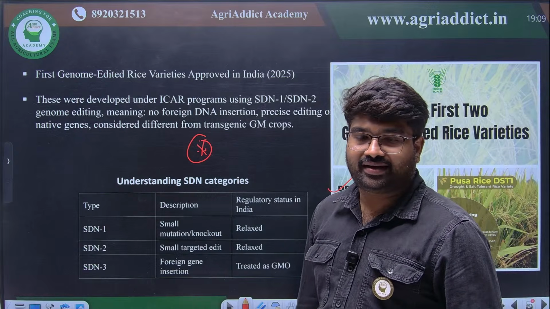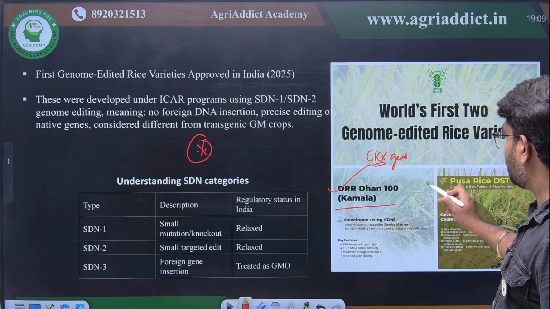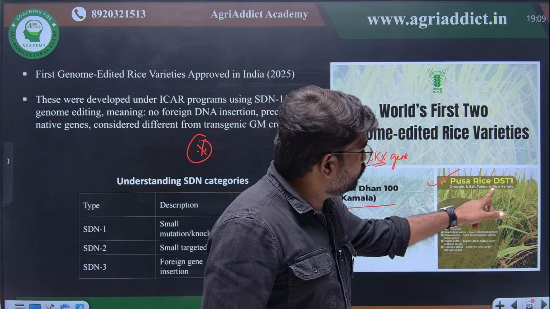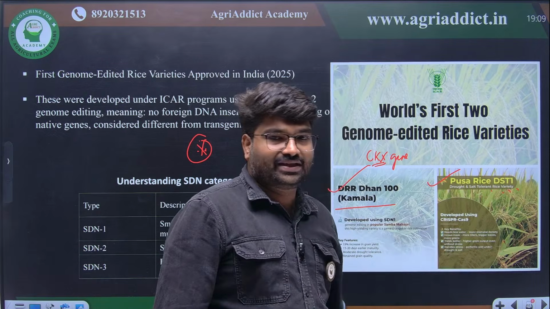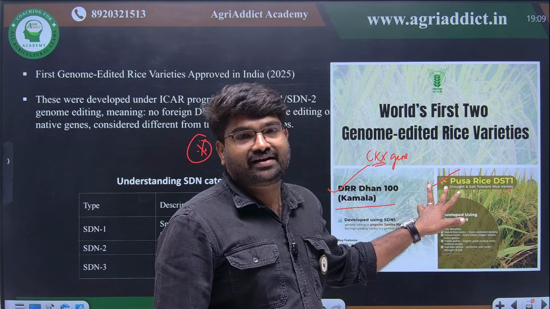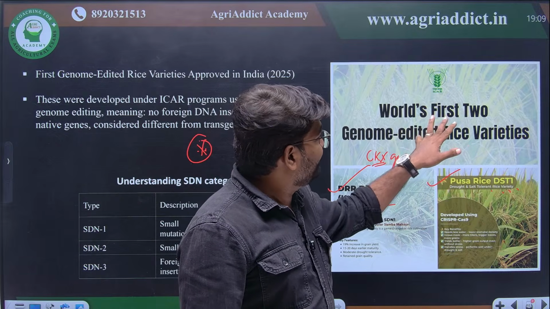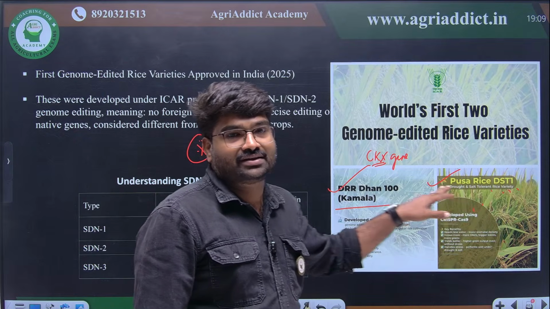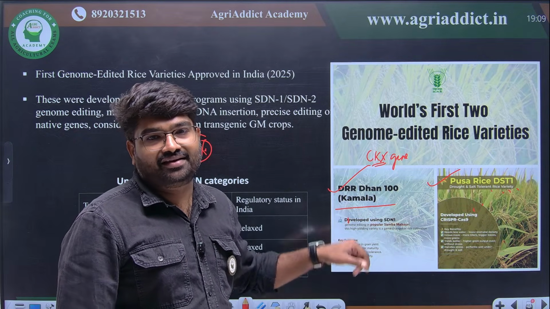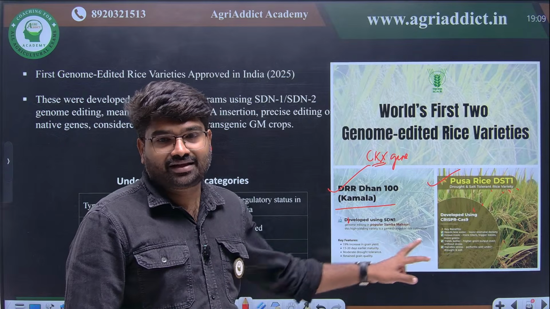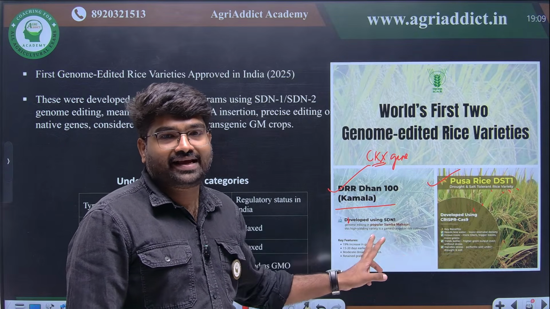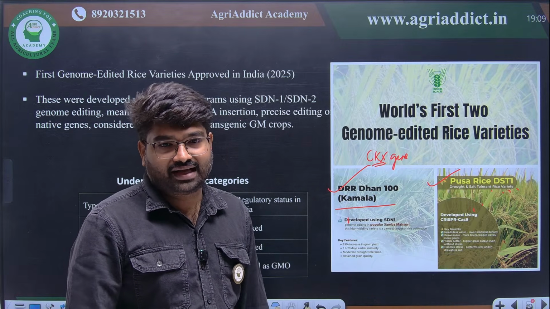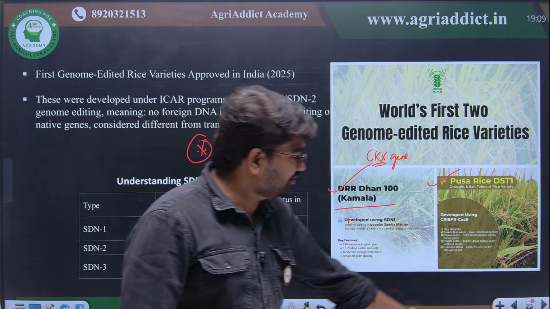Then another, Pusa DST Rice 1. DST means drought and salt tolerance. These are the world's first two genome-edited rice varieties, one for drought and salt tolerance, another for increasing grain weight. These two rice varieties were developed through the CRISPR-Cas genome editing technique. They can ask this question this time.